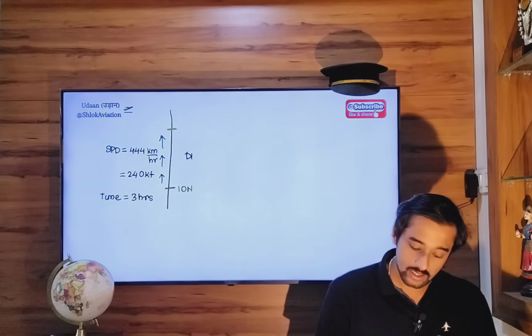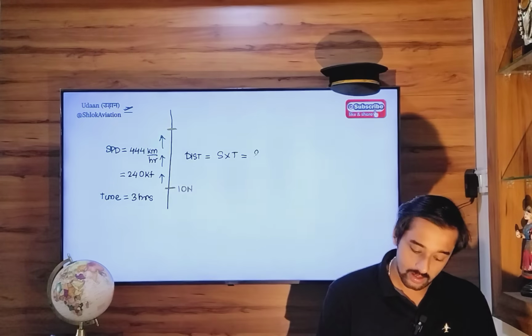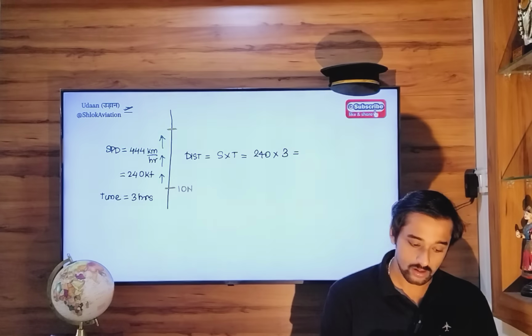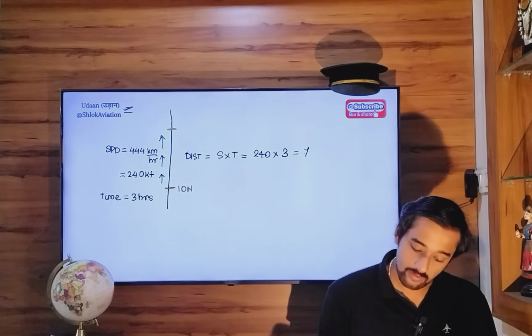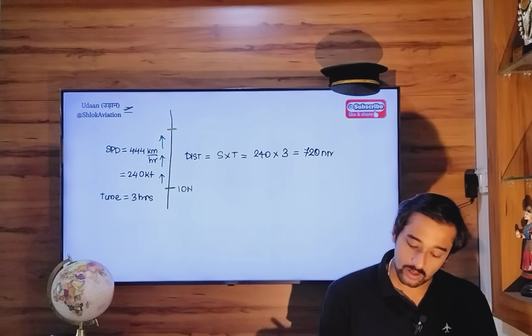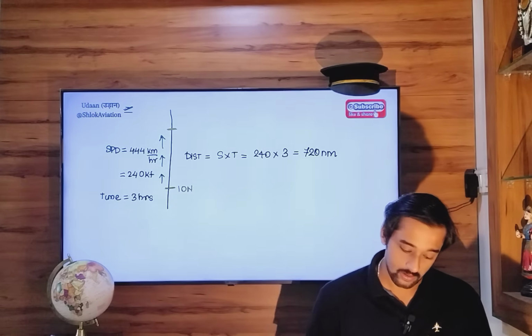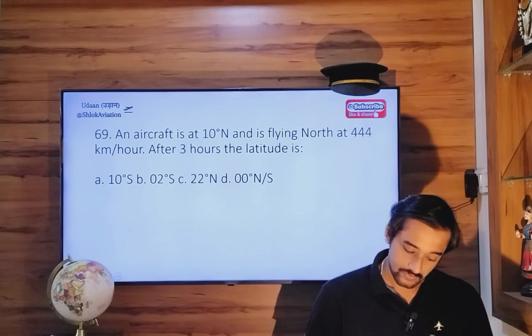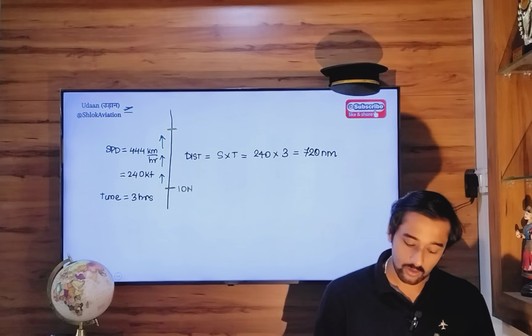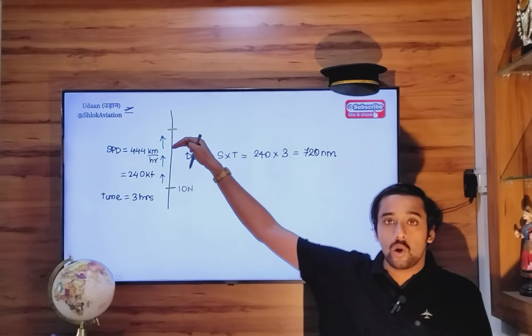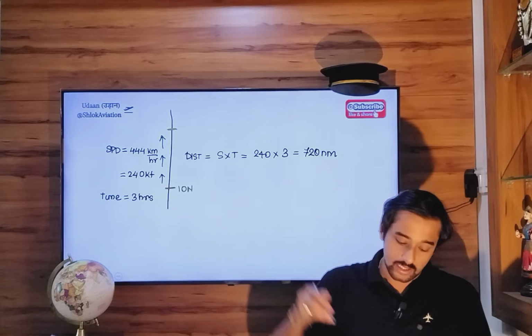So distance is speed into time into 3, which is equal to 720 nautical miles. Okay. When we travel northwards along a meridian, you fly a great circle track.